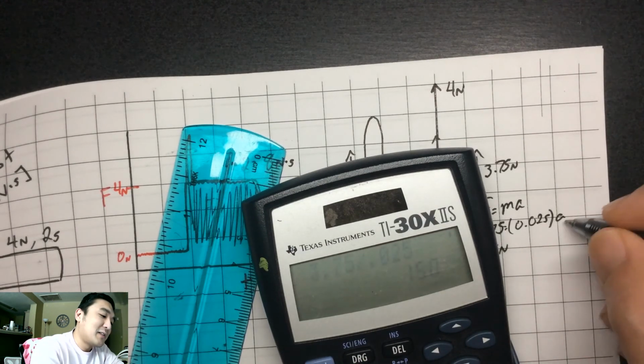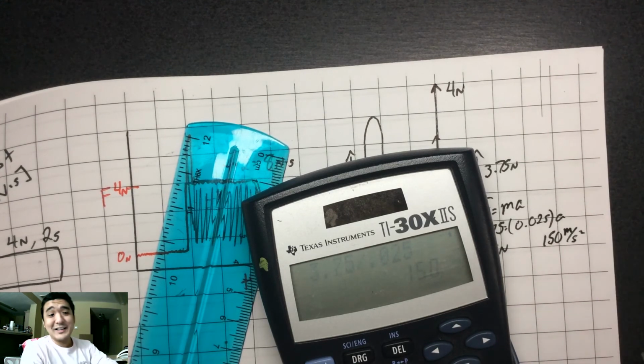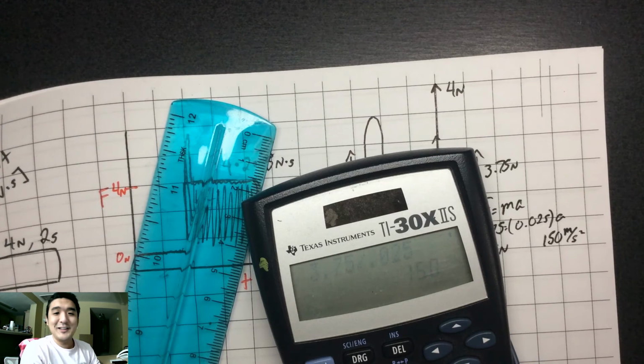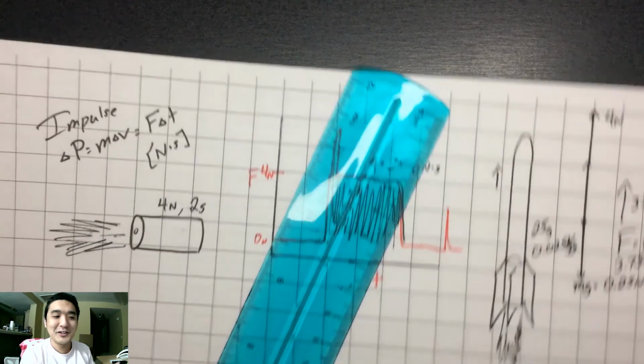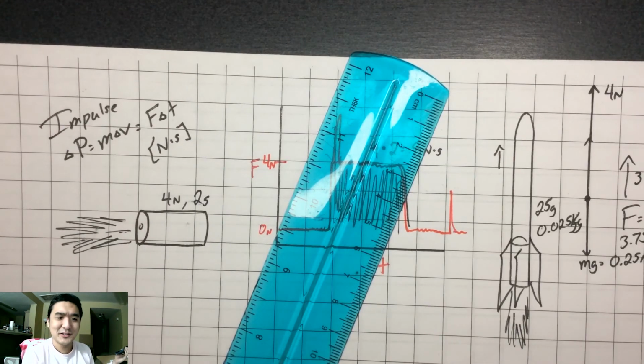That gives me an acceleration of 150 meters per second squared. That's a ton. That's 15 g's. But if you've ever fired off a rocket, they go really, really fast, and that's why. Although our measured force from this rocket engine is so small, the rocket body is very light.